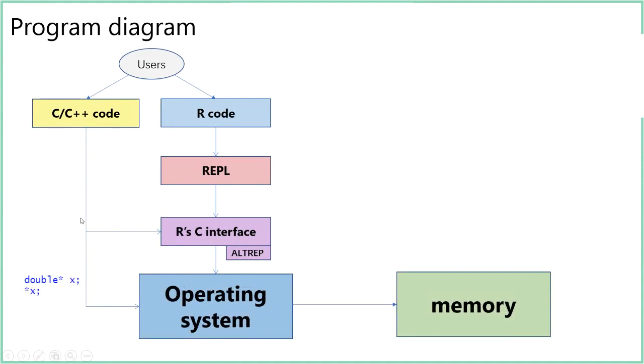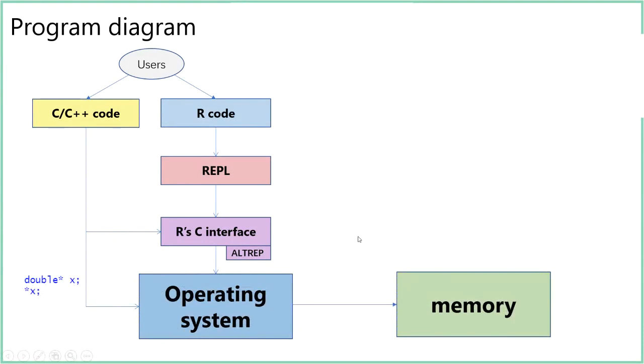Actually, we saw that the pointer is the address in the memory, but in reality, this is not true. Your pointer interacts with the operating system, and it is the operating system's job to get the data from the memory.